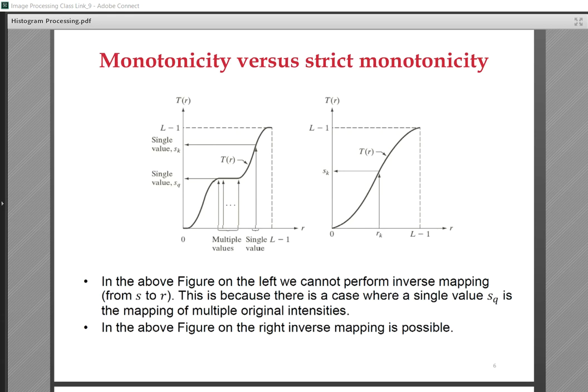Okay, you see that for example, r2 is more than r1, then s2 is more than s1. Okay, this is the importance of a monotonically increasing transform.